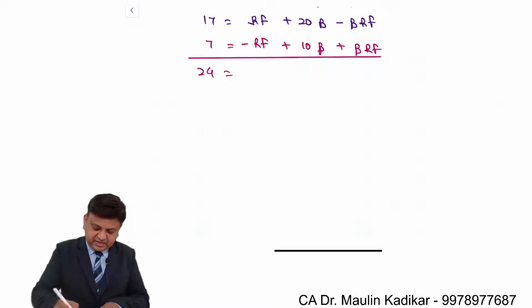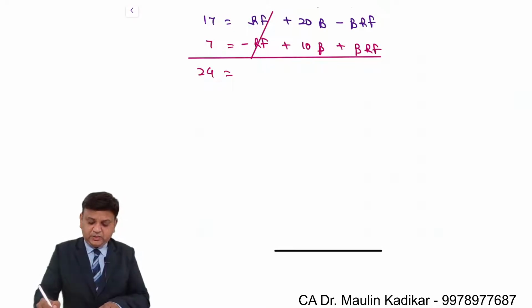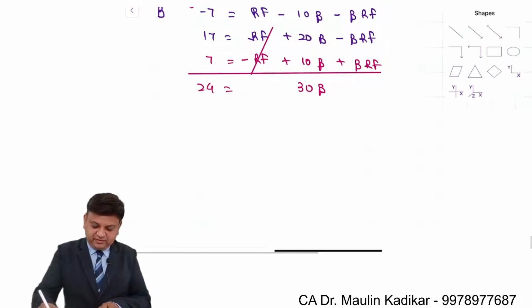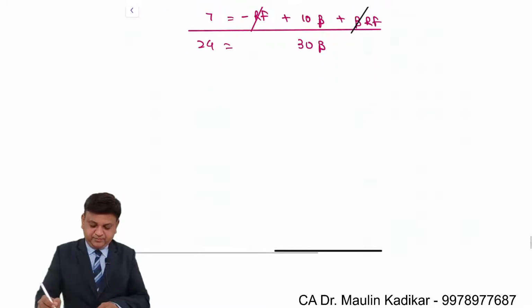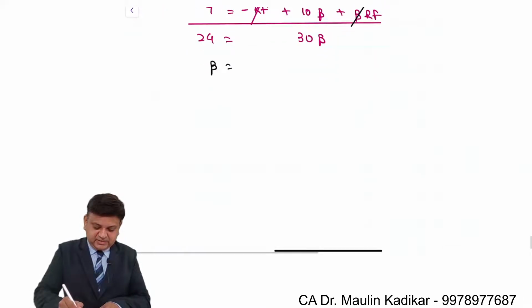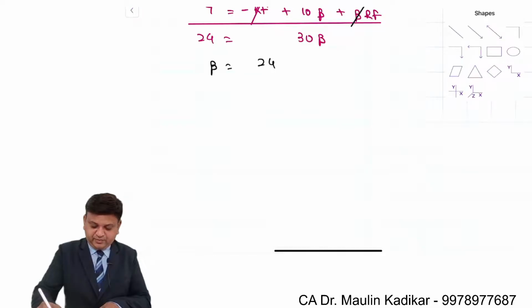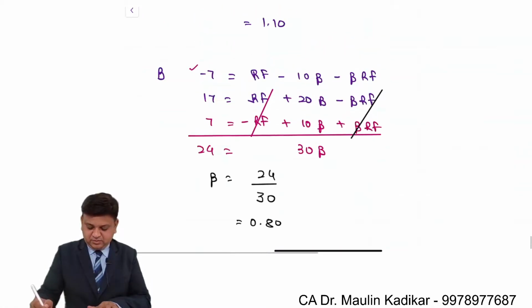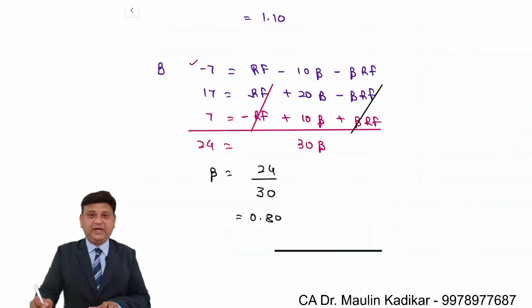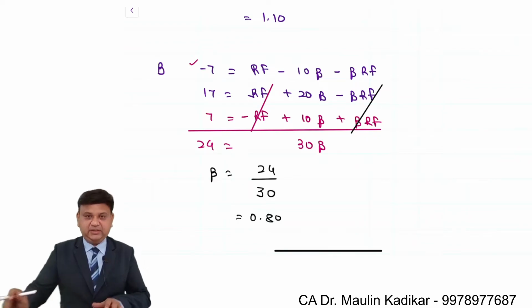Rf negative and Rf positive will be cancelled. 20 plus 10 that comes to 30 beta. Beta Rf negative, beta Rf positive will be cancelled. So we can say that the beta is equal to 24 upon 30. That comes to 0.80. This is the way the beta can be calculated for the next security, that is 0.8.